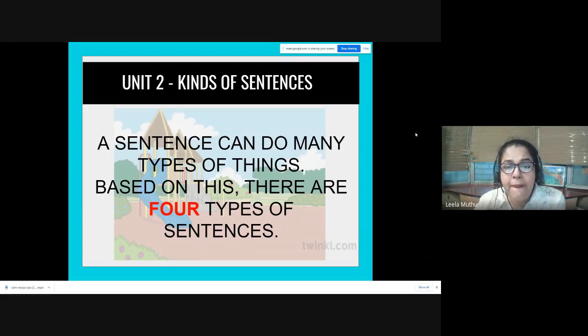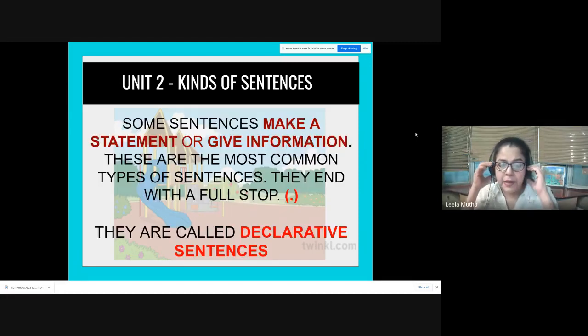Depending on what a sentence does, what kind of impression it creates, there are 4 different kinds of sentences. When we normally talk to each other, having a conversation with your best friend, your mom, your sister, or anybody, we talk in sentences which give information.